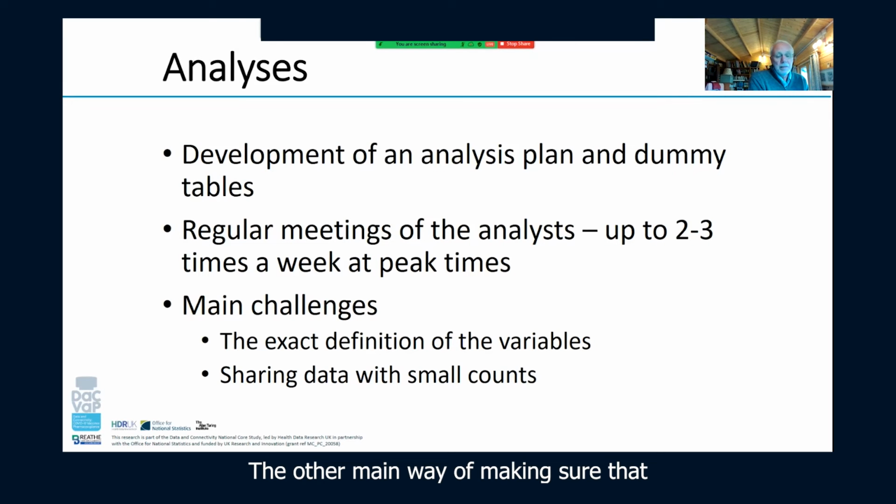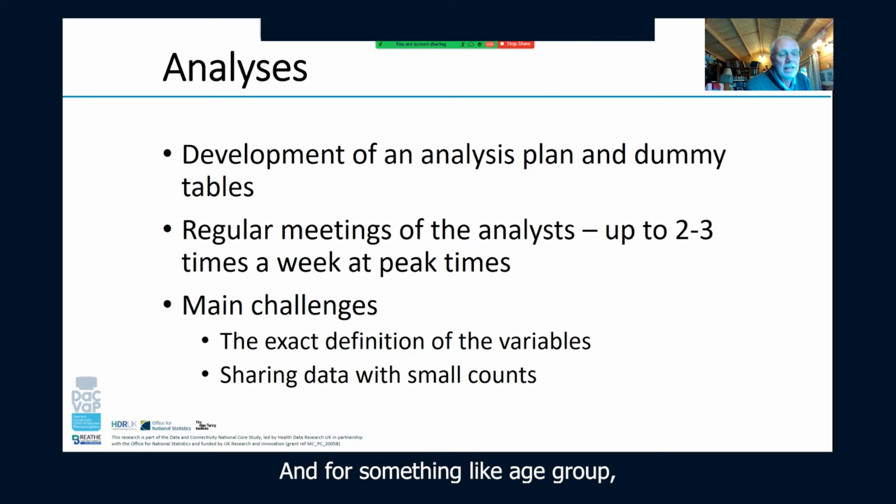The other main way of making sure that we're doing exactly the same work is that there are regular video meetings with the analysts, sometimes up to 2 to 3 times a week when they're coming to the end of finalising the study. And the main challenge that the analysts face is being extremely careful about the exact definition of the variables.